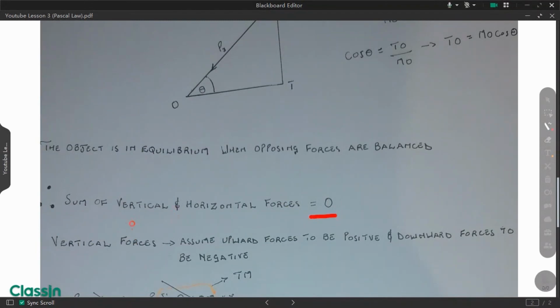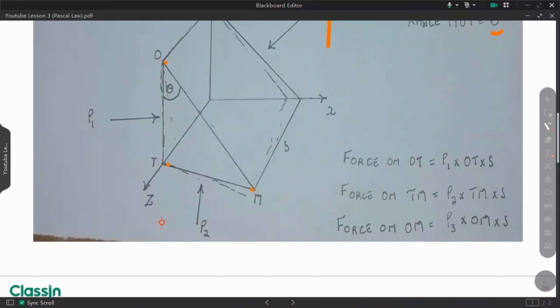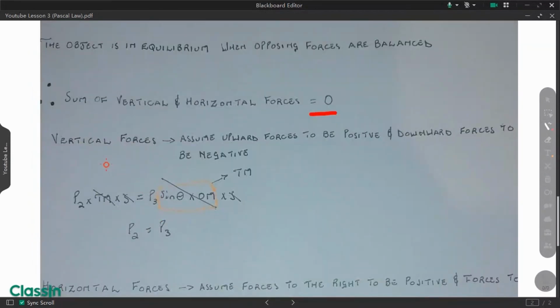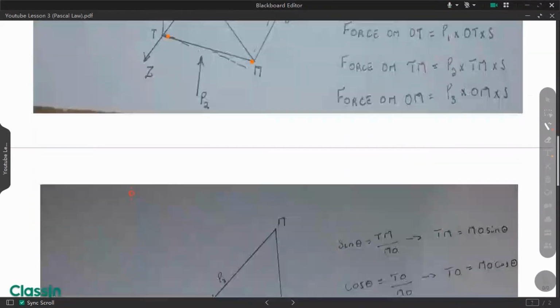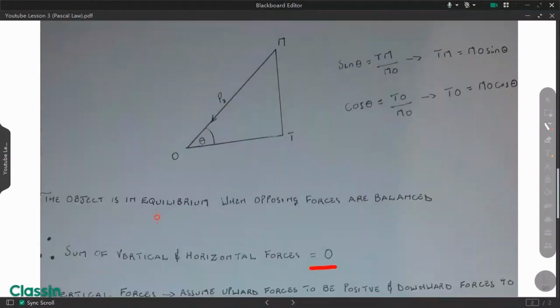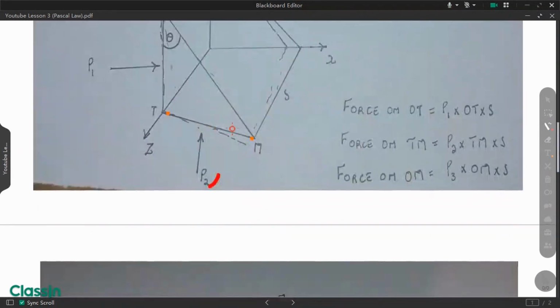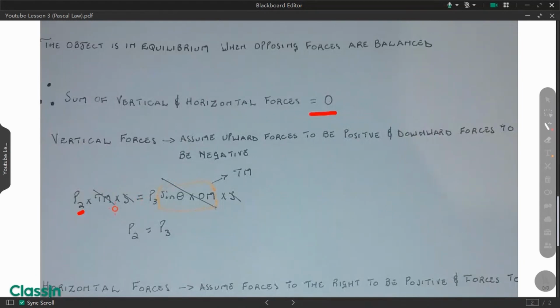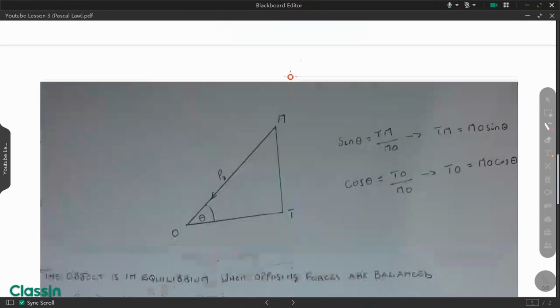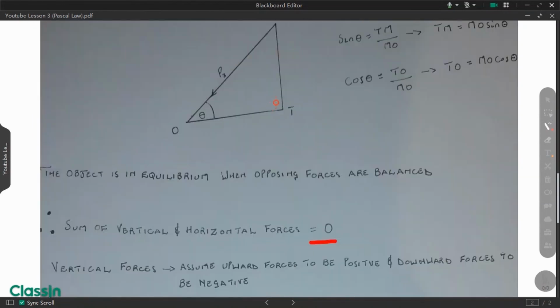So moving forward, when we look at this fluid element, what are the vertical forces? The vertical forces would be P2, this one, multiplied by TM, which is this length, and then multiplied by S, which is the thickness of that fluid element.